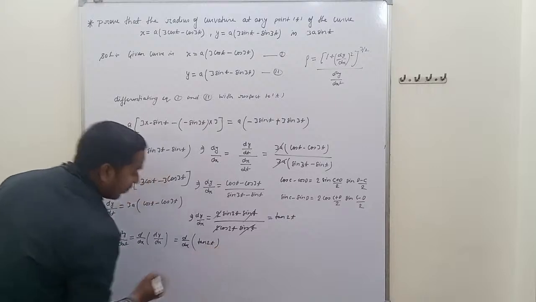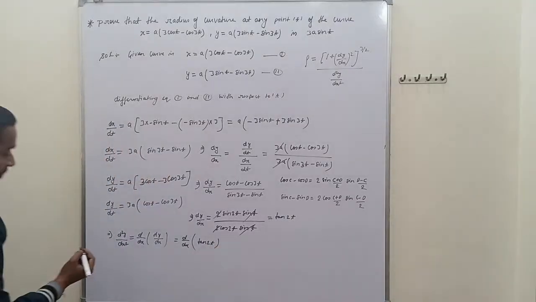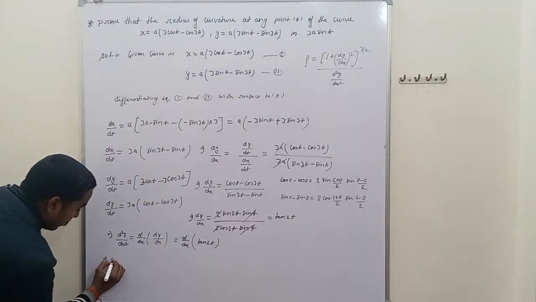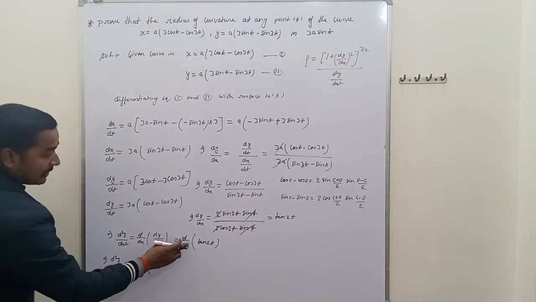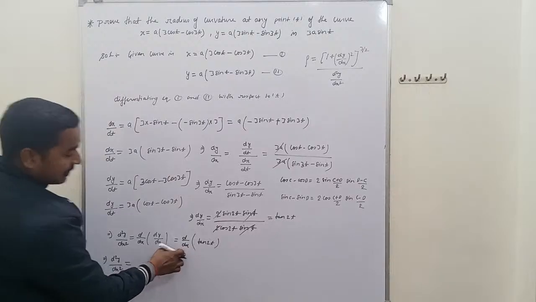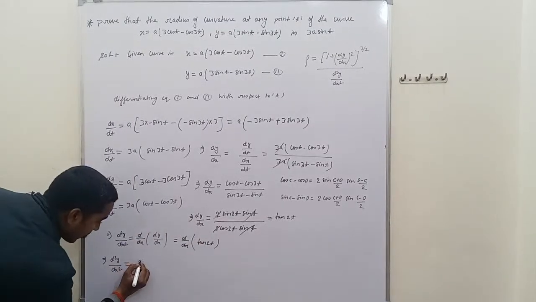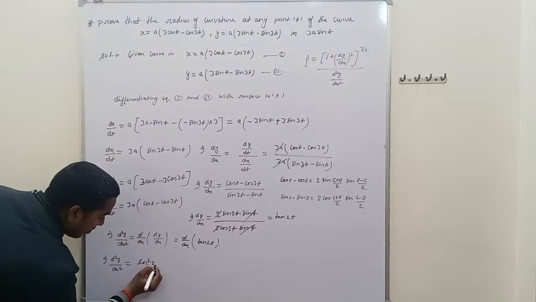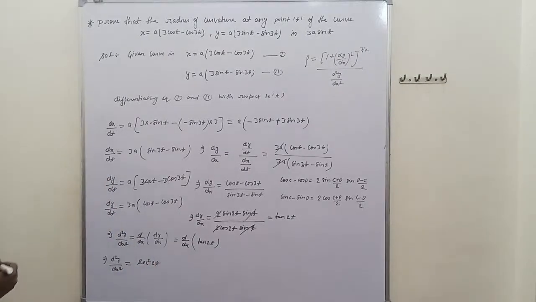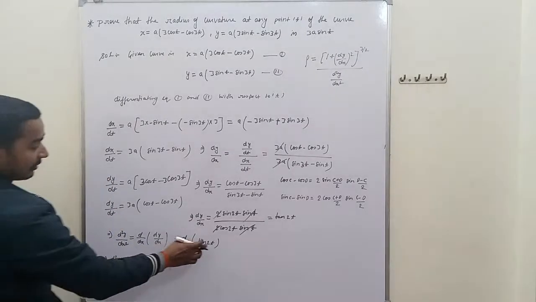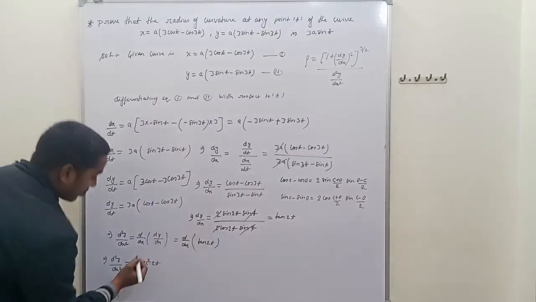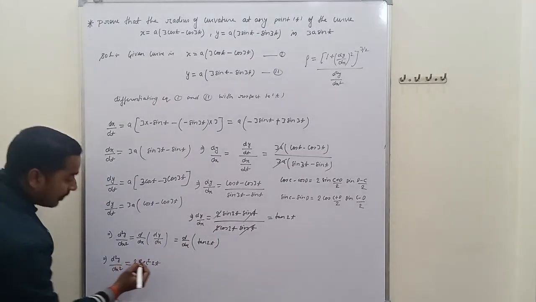Differentiating tan 2t with respect to x, this is given by sec square 2t, and again 2t differentiating with respect to t, this is given by 2 and dt upon dx.